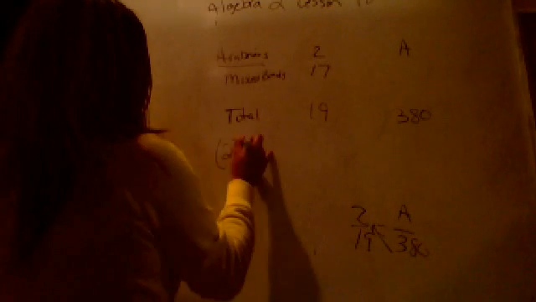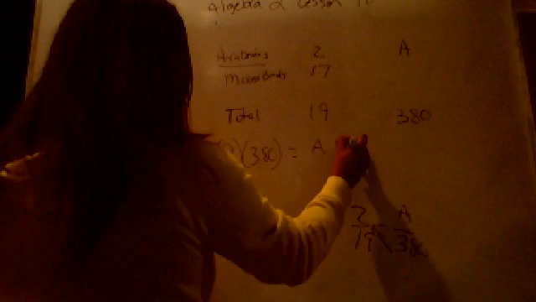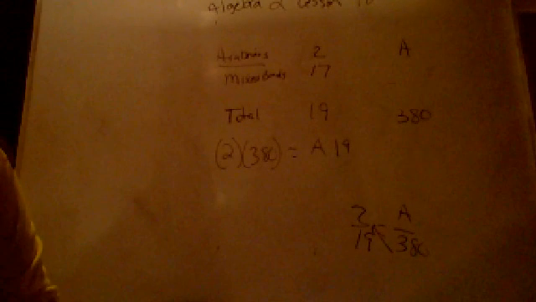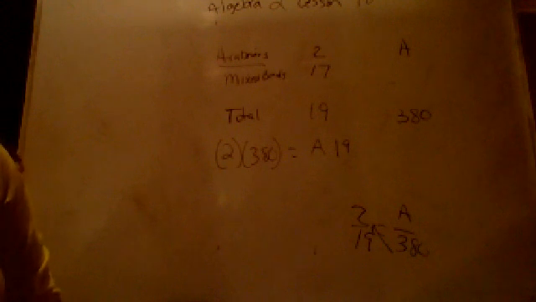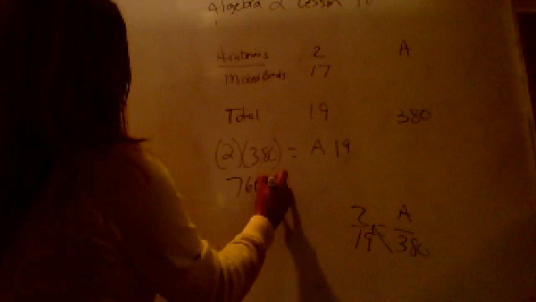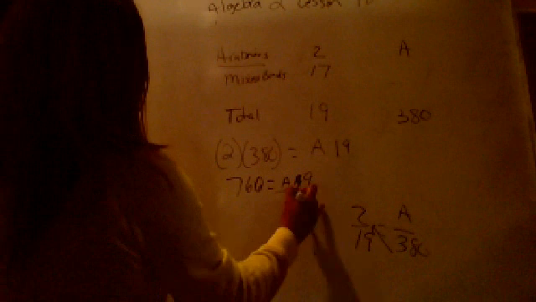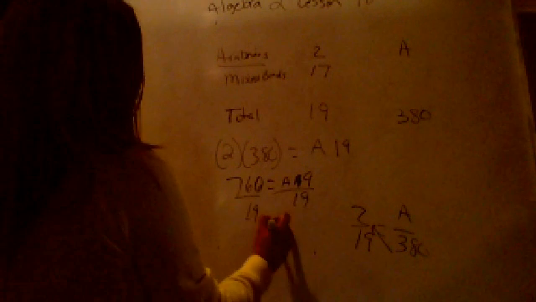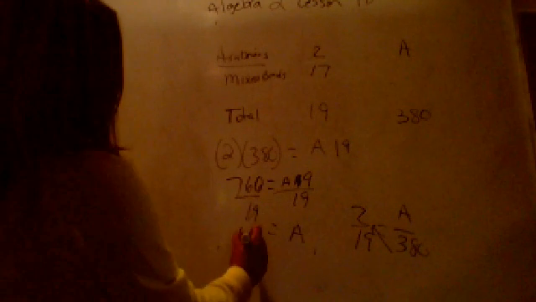Or I can do this: 2 times 380 equals A times 19. Are you with me so far? Okay, so then I simply get 760 equals 19A. I divide both by 19, and I get A is equal to, because I don't have a calculator, 40. So there's 40 Arabian horses.